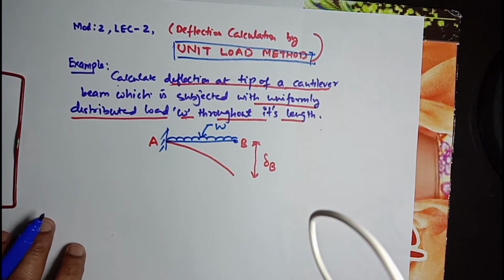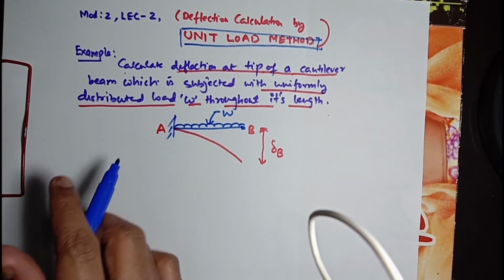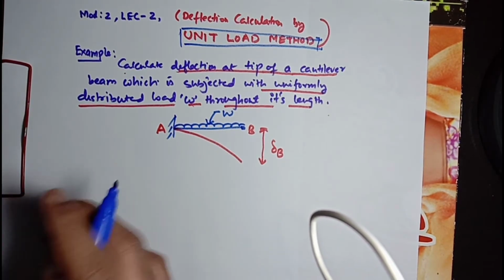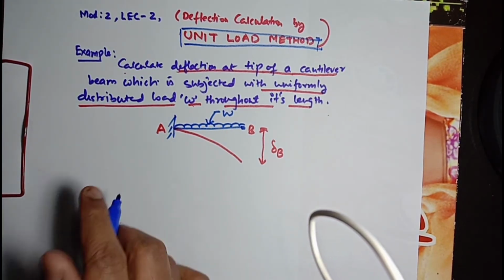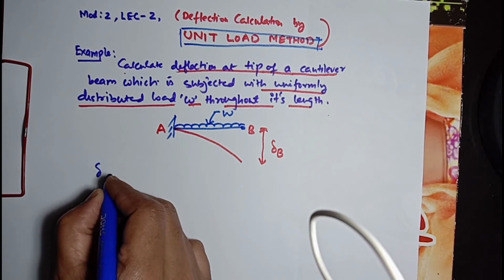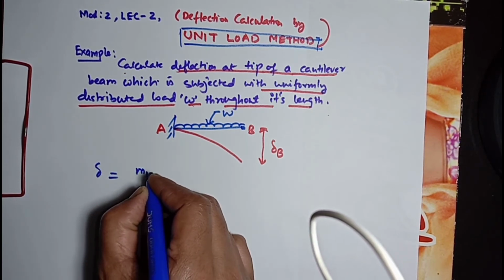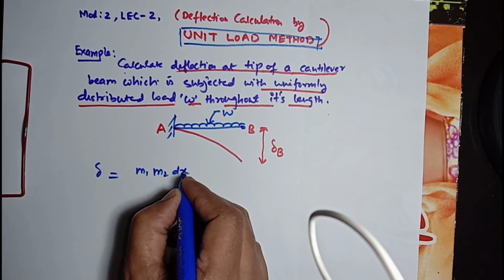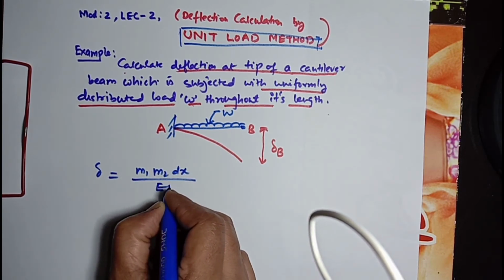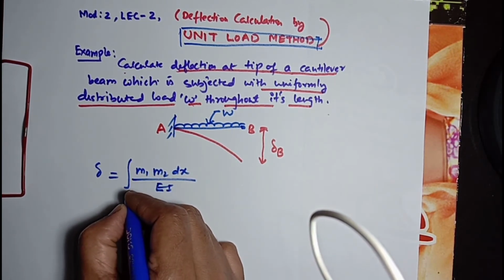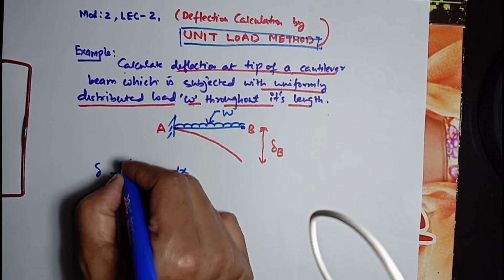As you remember, the expression of unit load method for calculation of deflection, it is expressed as delta equal to integral from 0 to L of M1 M2 dx divided by EI.